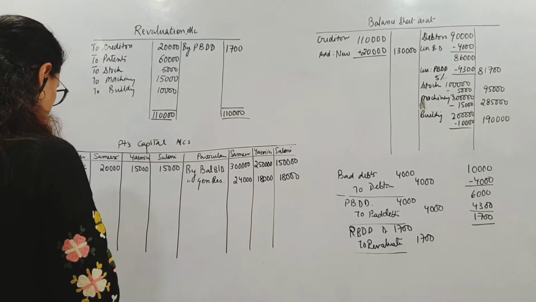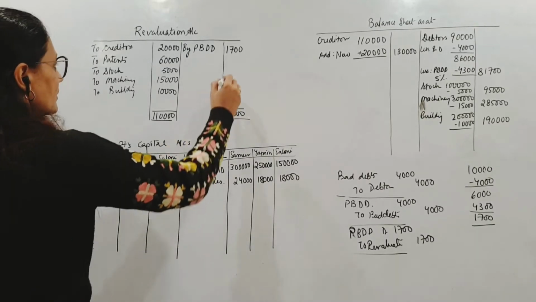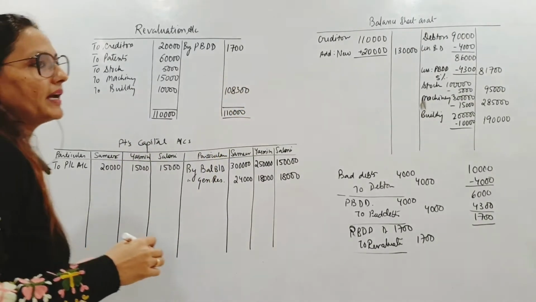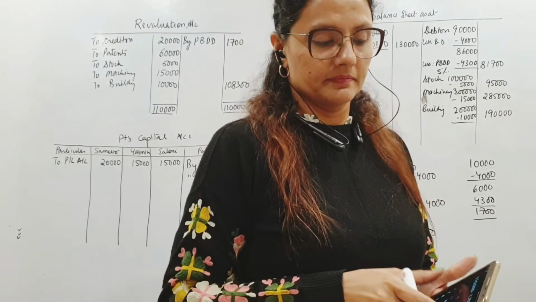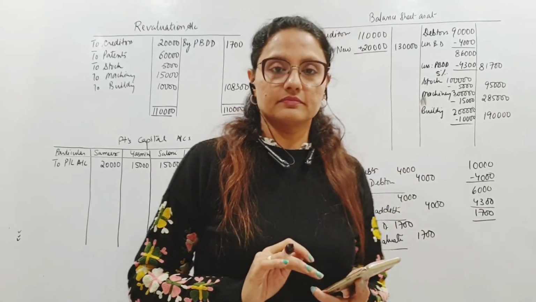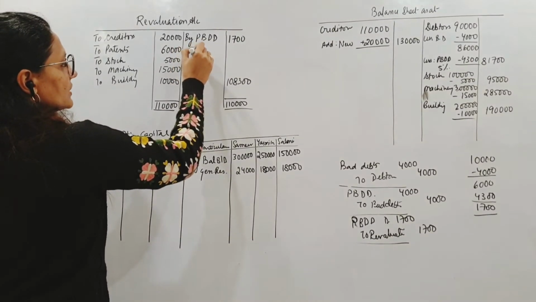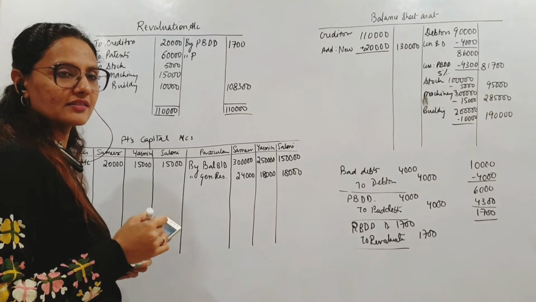So 1,10,000 minus 1,700, 1,08,300 is the balancing figure here, and this is the revaluation loss. Alright? पूरा net loss here. Who will bear this? The partner. So what is the journal entry for closing revaluation account in case of loss?